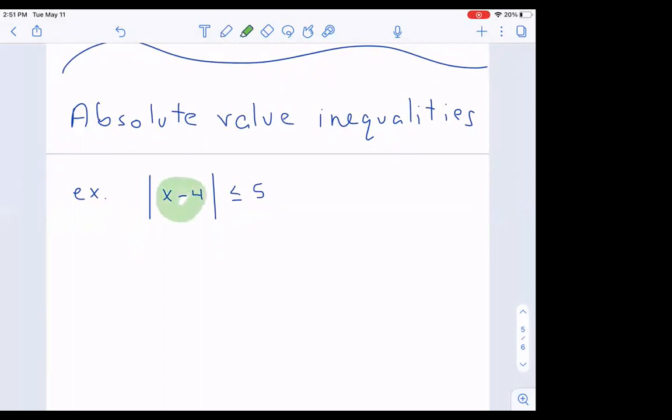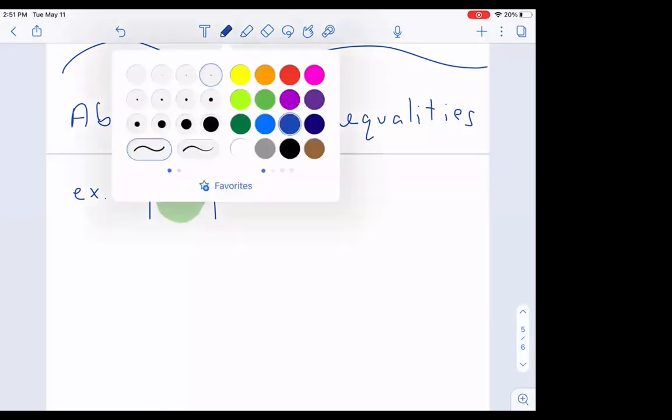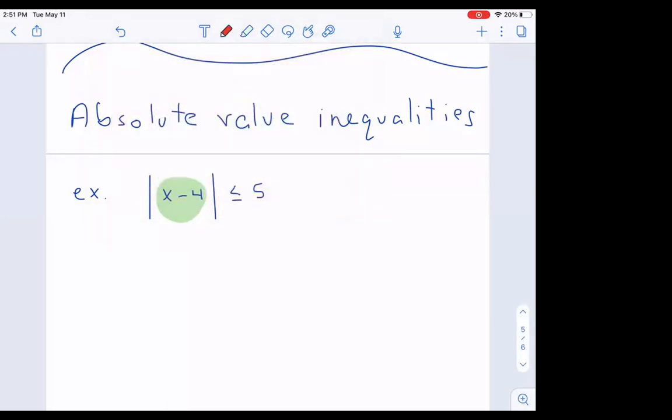Let's imagine we don't know what is underneath that green block. But we do know that we want that stuff that's underneath the green blob to be less than 5 units away from 0. So if you think of a number line, here's 0, and 5 units to the right and 5 units to the left.